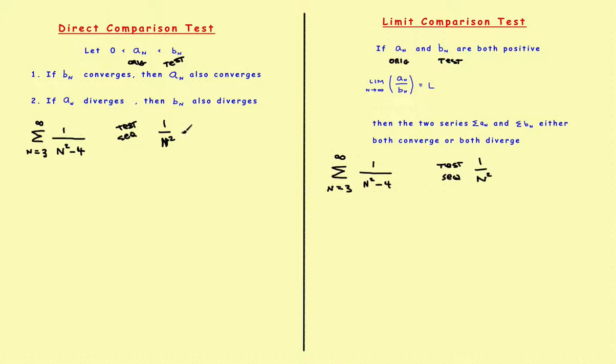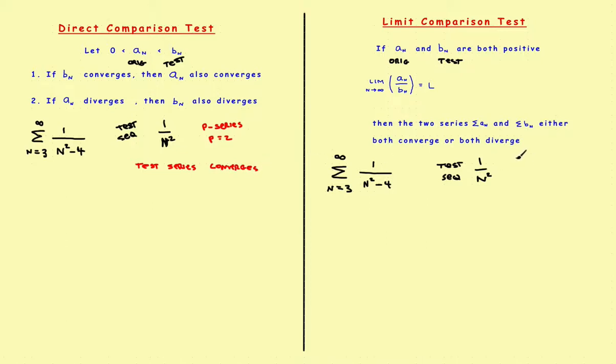So now the next question is you have to decide, does the test sequence converge or diverge? Well, looking at this, it's a p-series test with p equal to 2. And again, if p is greater than 1, then this thing is going to converge. So you know that the test series converges.